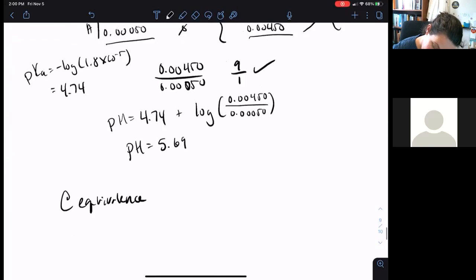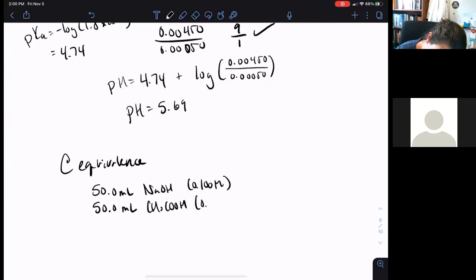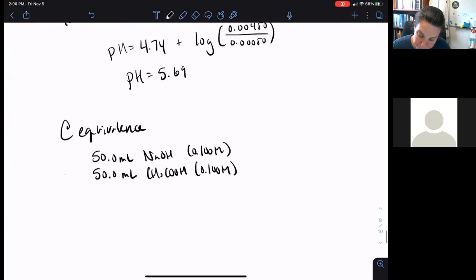So when we have 50.0 milliliters of NaOH and 50.0 milliliters of acetic acid, both at 0.100 molar, then we are at equivalence.